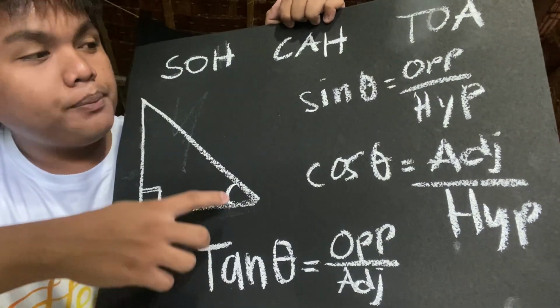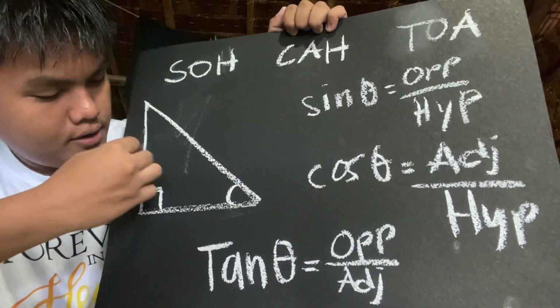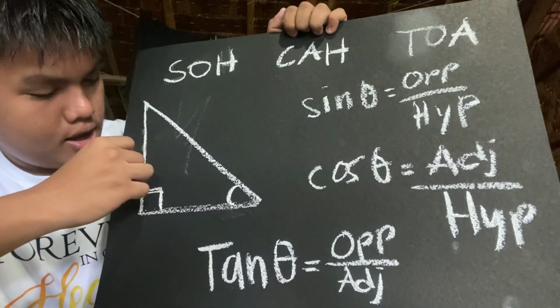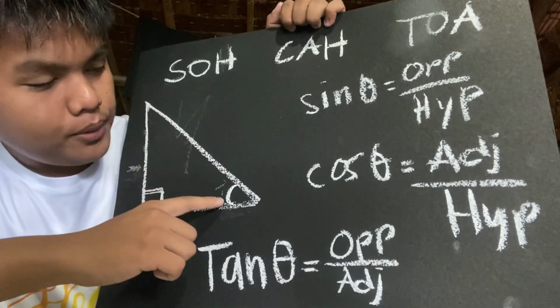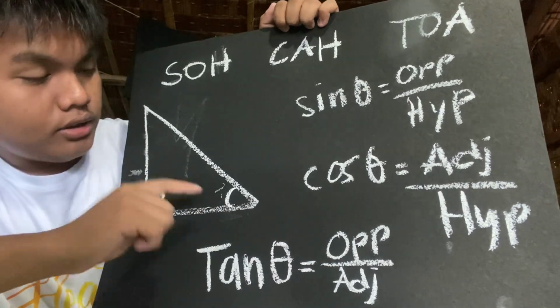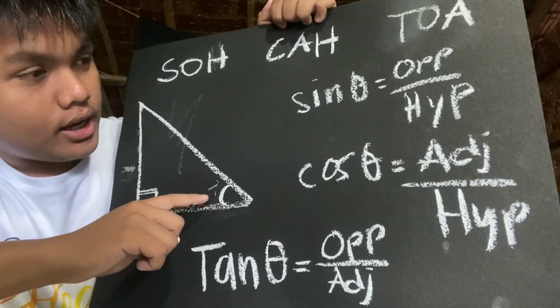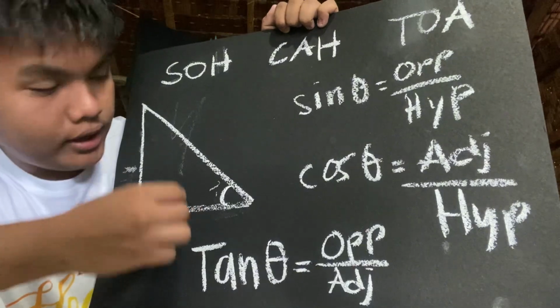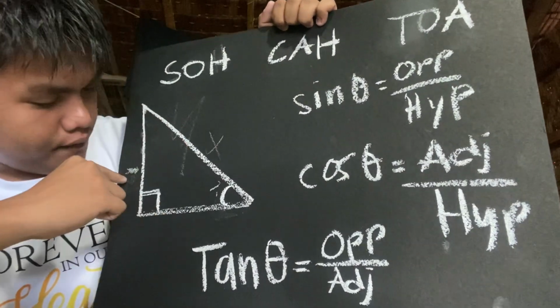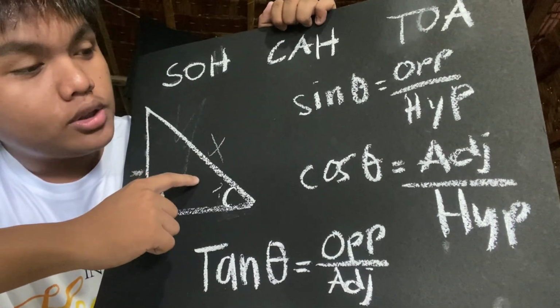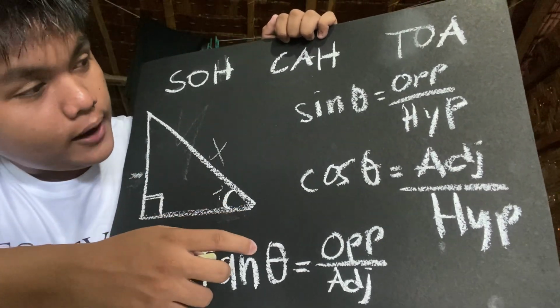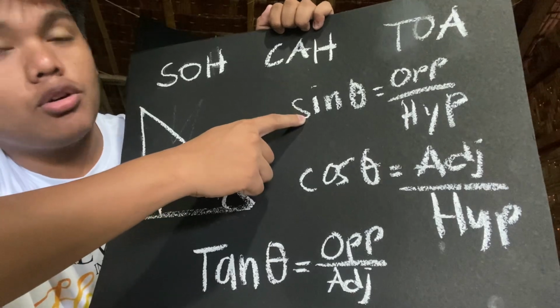For example, we have a given number here and a given angle. If we need to find the hypotenuse, and we have the given opposite, we can apply sine or SOH.